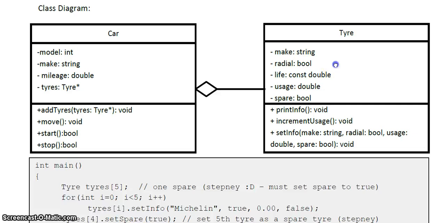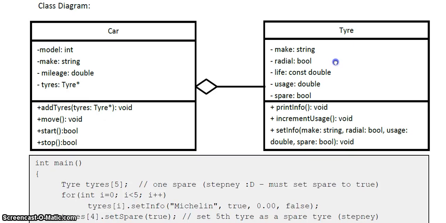The life is a constant. For example, the life of a tire is five years or so, so that can be kept as a constant. The usage means how many miles a tire has been used for. You can have some calculations related to move.